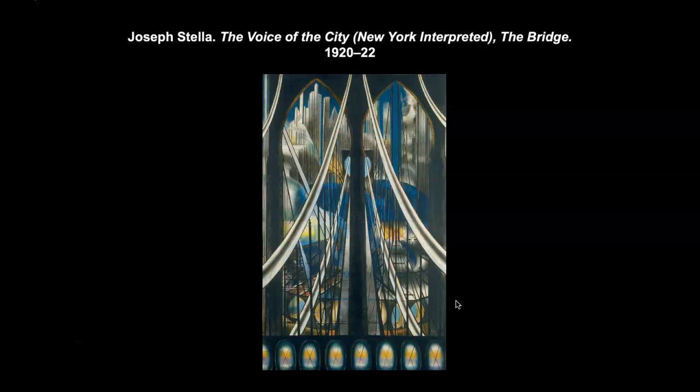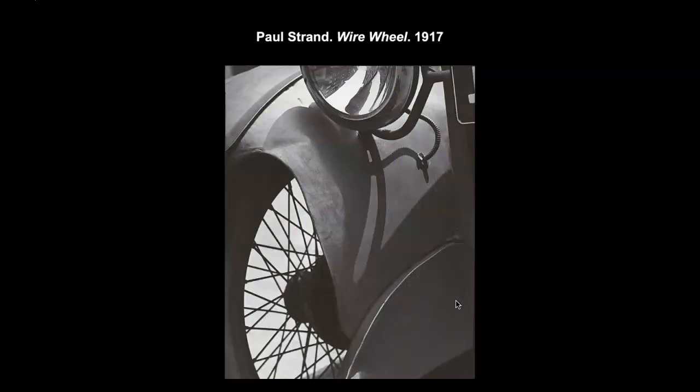And the bridge, or the Brooklyn Bridge. All of these elements, all of these panels are representing modernity. They're representing this progress. This is the 1920s, the roaring 20s. We're really seeing everything in a very positive, optimistic light. This is Paul Strand's Wire Wheel.